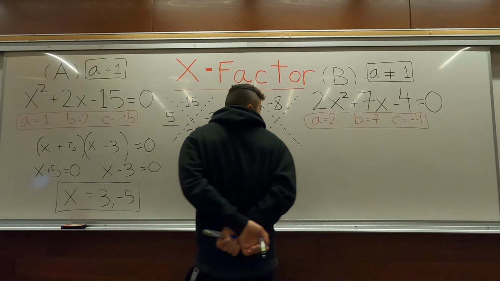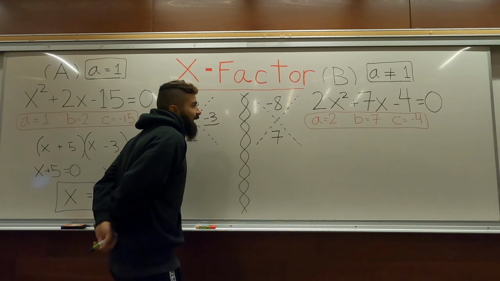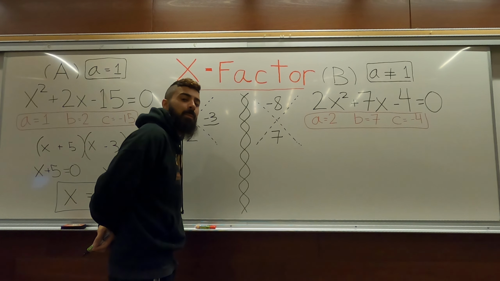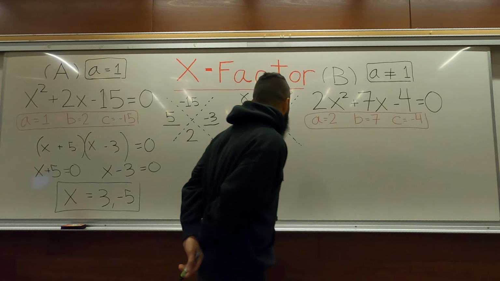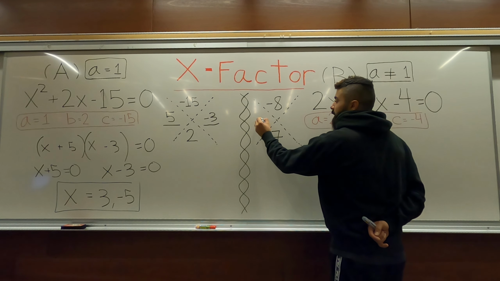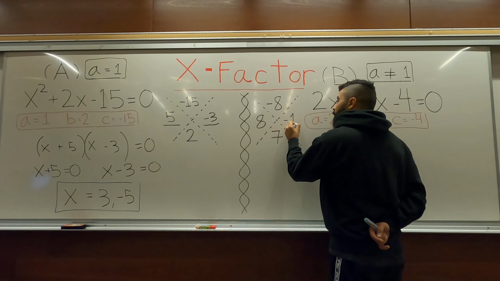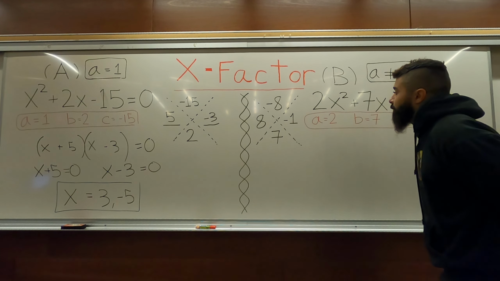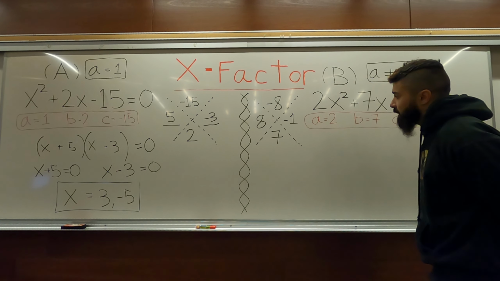And then on the bottom is going to be the B. And you ask yourself, what two numbers multiply to give me negative 8, but add to give me 7? That's most likely going to be 8 and negative 1. So we have 8 times negative 1 is negative 8, and 8 plus negative 1 is 7.